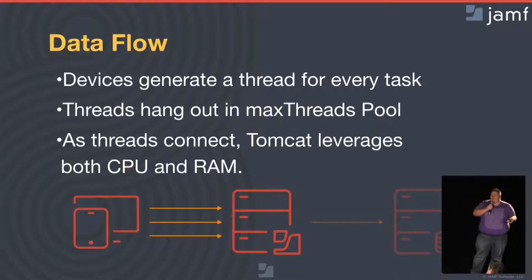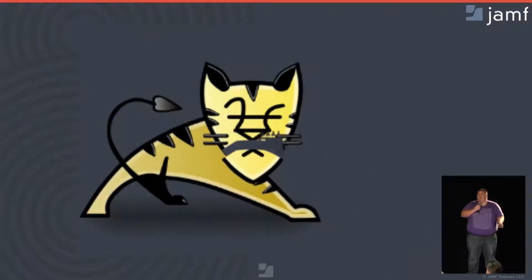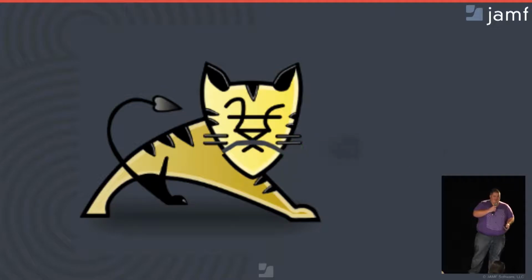All these threads then live inside Tomcat in what's called the maxThreads pool. This maxThreads pool is defaulted at 200. It can be increased based on the number of devices you have and the amount of traffic on your network. One thing to remember though, when you increase this, Tomcat does eat up more and more resources. So keep that in mind. It's not something you just want to go ahead and increase right off the bat.